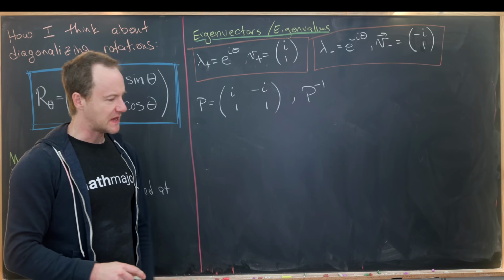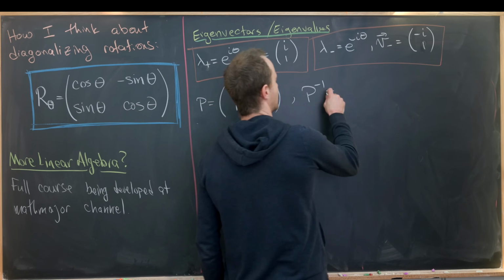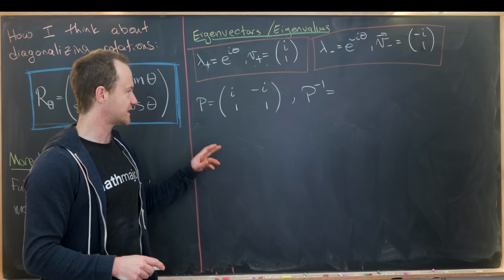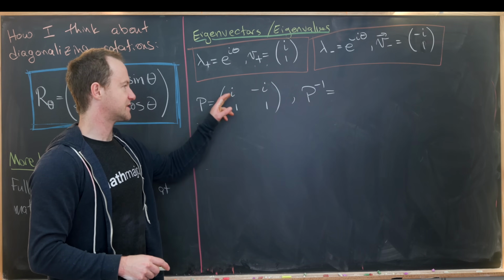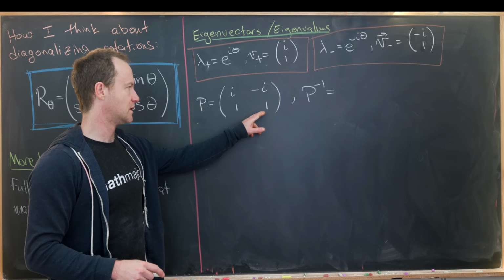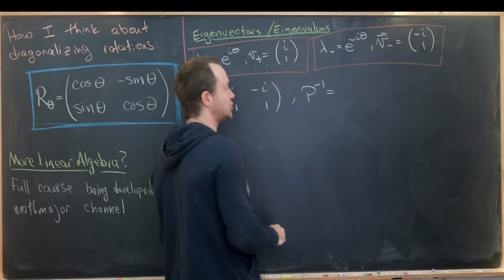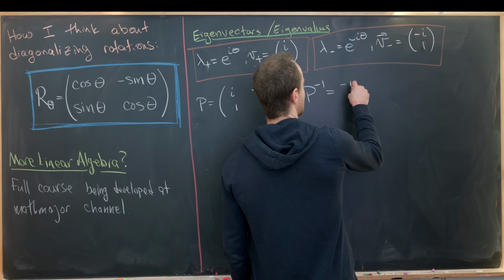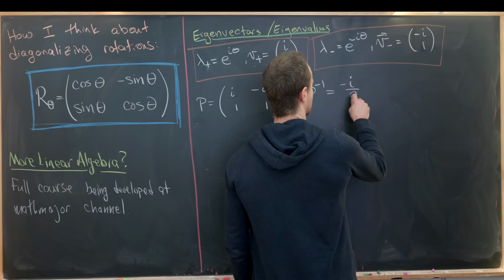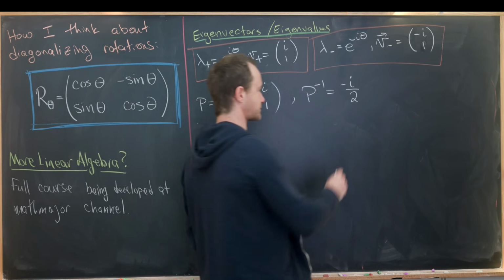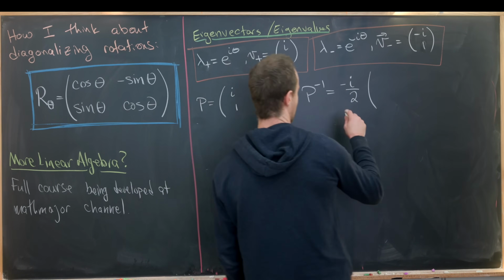So remember that P inverse will be 1 over the determinant and then some switches of elements in here, which we'll go through. So let's see what the determinant is. It's going to be i times 1 minus -i times 1. So that'll be 1 over 2i, which is the same thing as -i over 2. So like I said, that's 1 over the determinant here. And now we swap the diagonals.